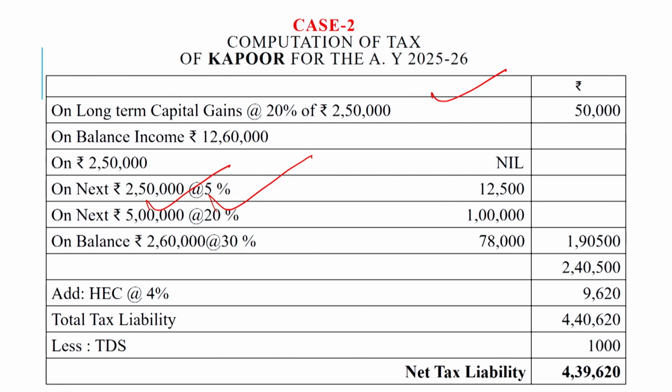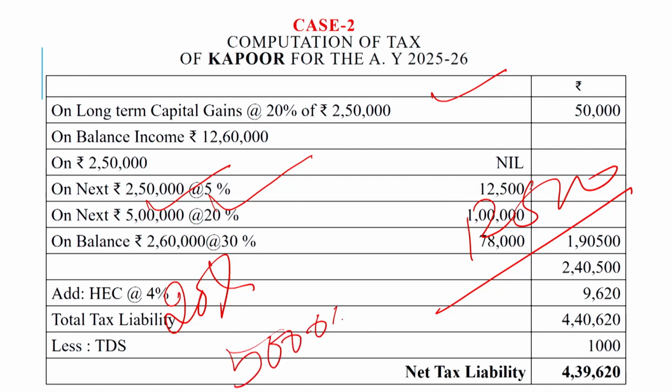So 2,50,000 into 5% is equal to 12,500. And from 5 lakh to 10 lakh, that is on 5 lakh, tax at the rate of 20%. So 5 lakh into 20% is equal to 1 lakh.